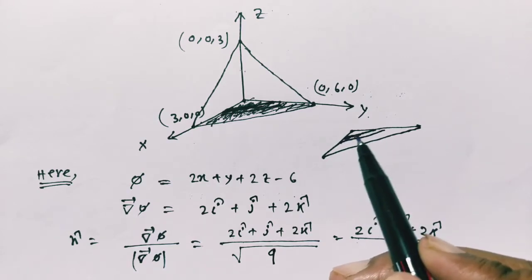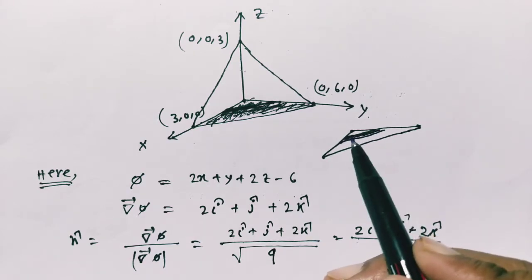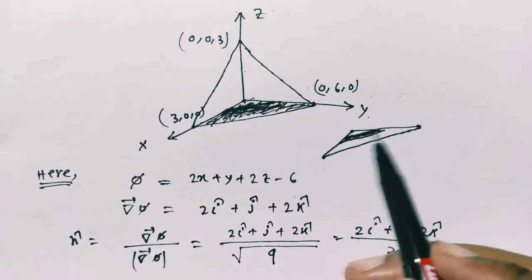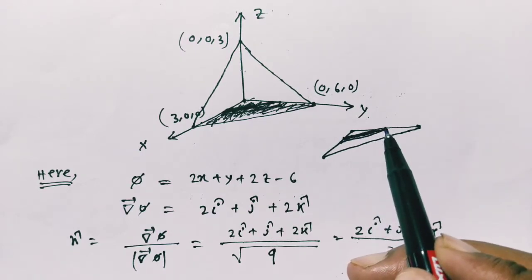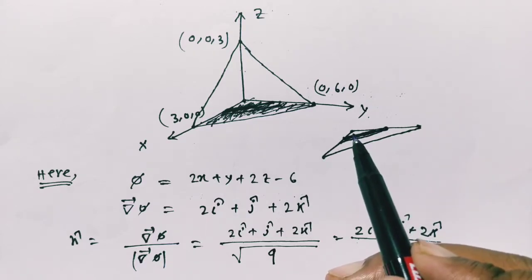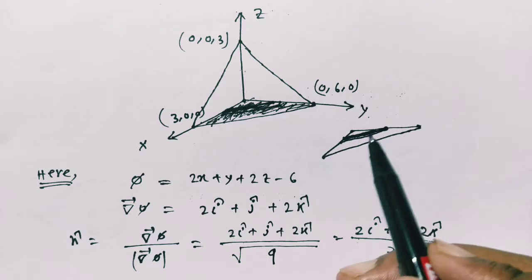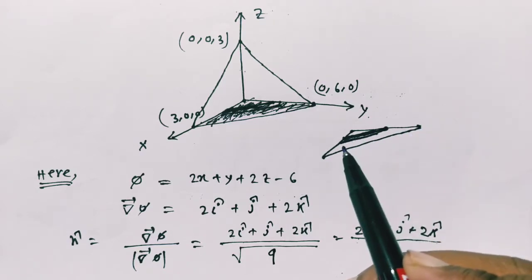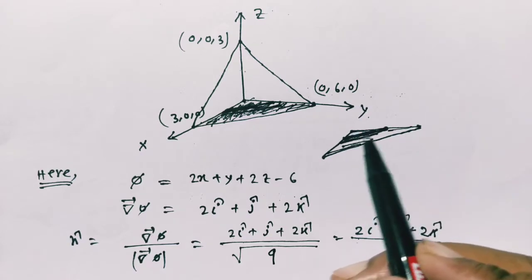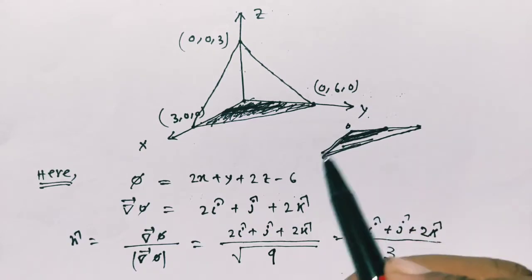For this strip, the integration is along the y axis, so the limit of y is 0 to this plane. What is y? 6 minus 2x. Now to evaluate the whole area, we have to draw all the strips like this from here to here, where here is 0 and here is 3.